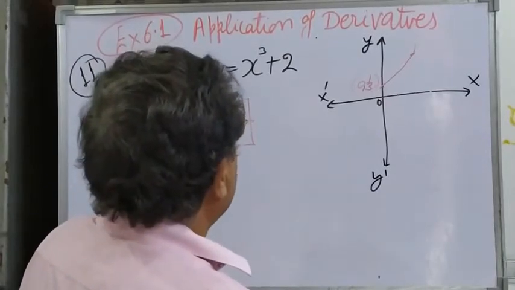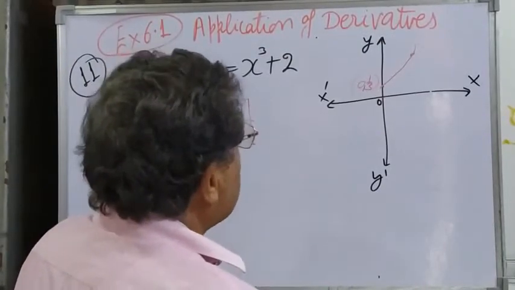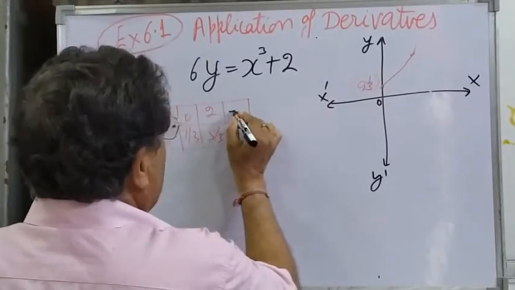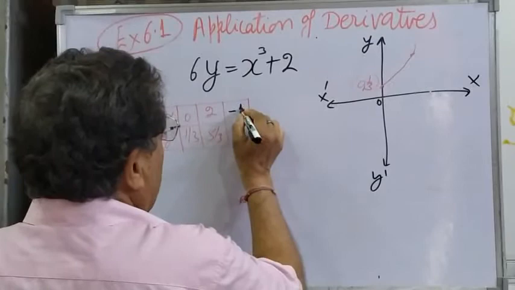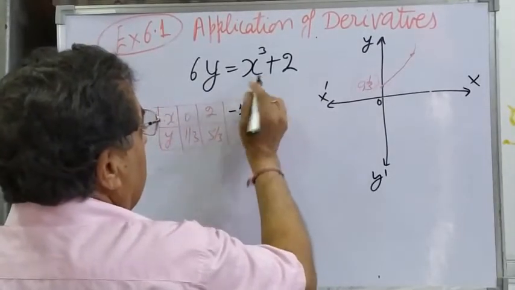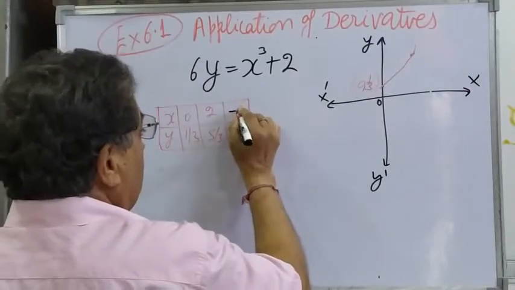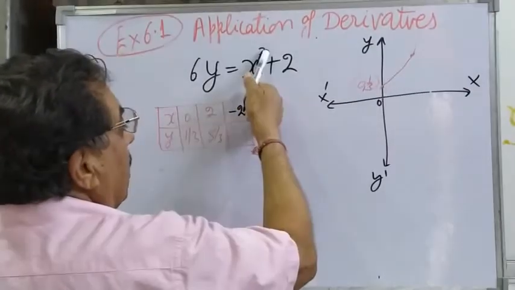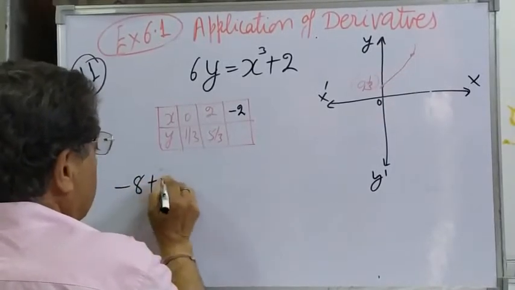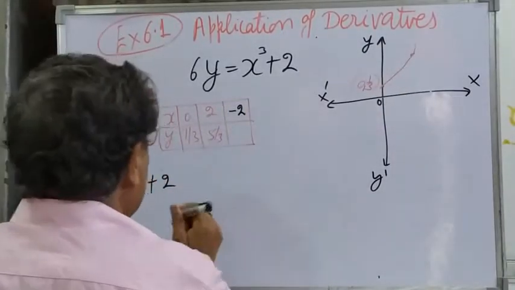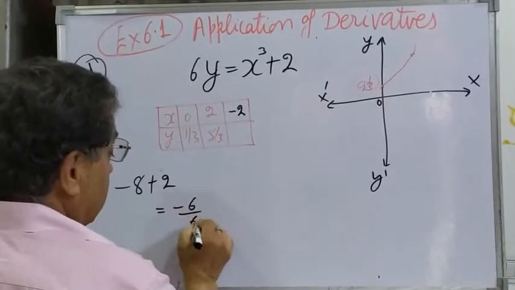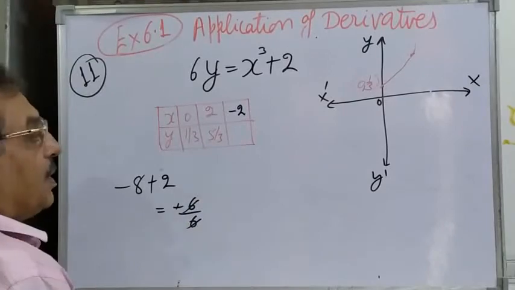Now let us take x equal to minus 1, or perhaps minus 2. Minus 2 cube is minus 8, minus 8 plus 2 is minus 6, so minus 6 by 6, and y comes to be minus 1.